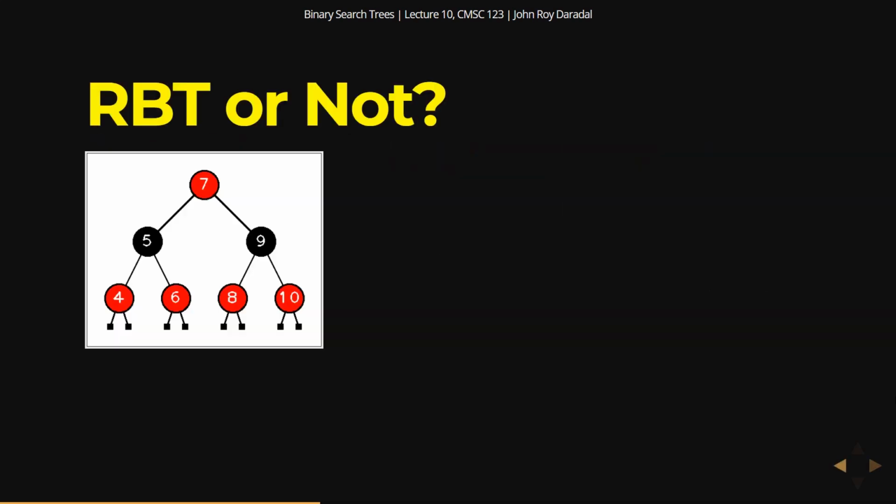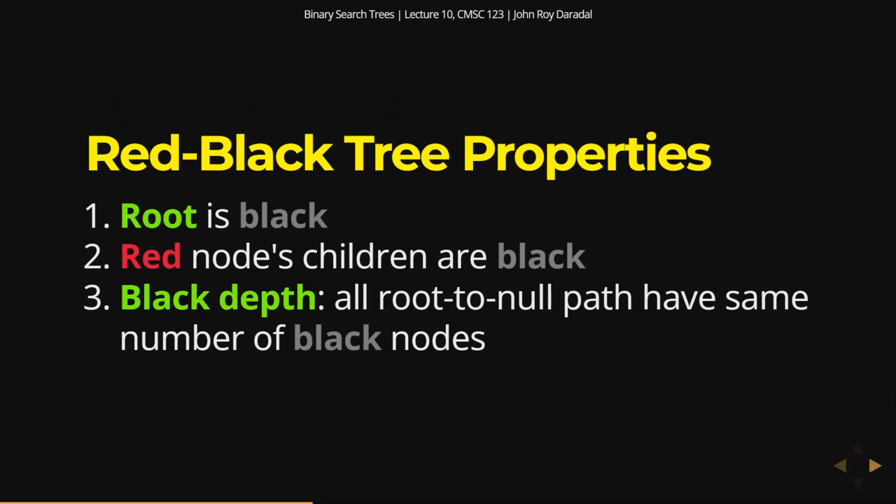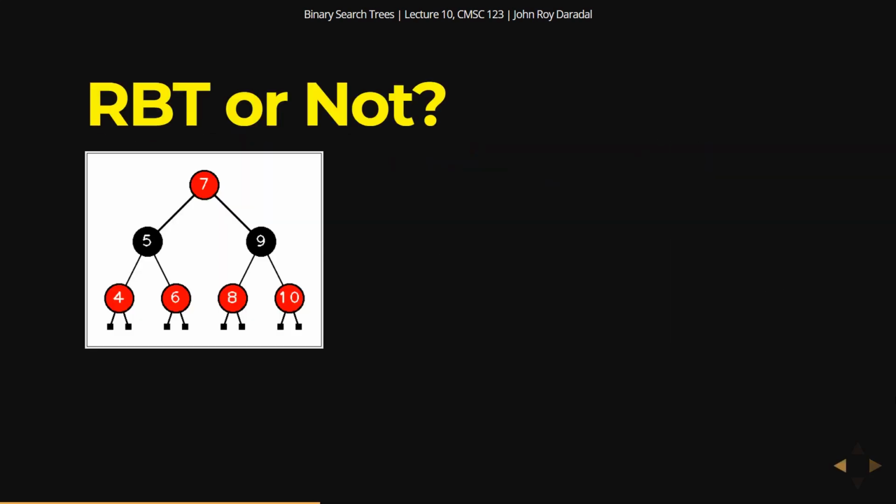So let's see if the following trees are valid red-black trees or not. Is this a valid red-black tree given the three properties here? Root should be black, red node's children should be black, and the black depth should be the same. Is this valid or not?